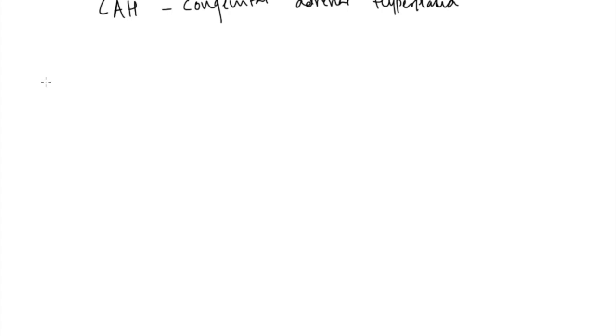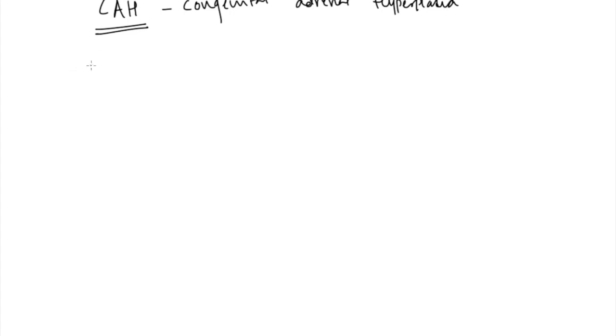To reason that out, we need the flow chart, the synthesis pathway, correct? In congenital adrenal hyperplasia, there could be absence of either 21 hydroxylase, 11 beta hydroxylase, 17 alpha hydroxylase, or 3 beta hydroxysteroid dehydrogenase. Any of the 4 enzymes could be absent, and all of it will lead to CAH.